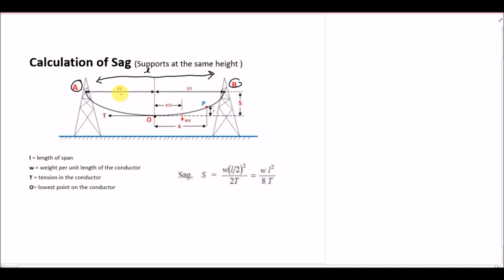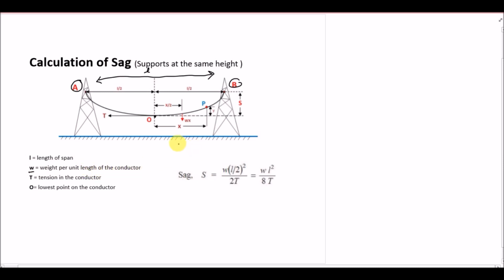So we have two equal parts, L by 2 on one side of the lowest point of the conductor and L by 2 on the other side. And then we have tension T, that is represented at point O, which is the lowest point of the conductor. And then there is a weight W, that is defined as weight per unit length of the conductor, right?